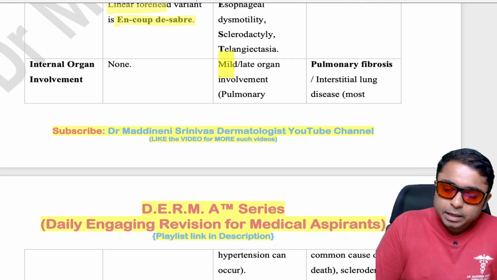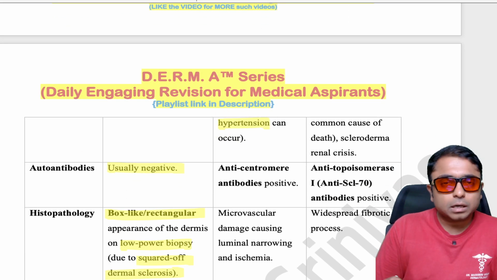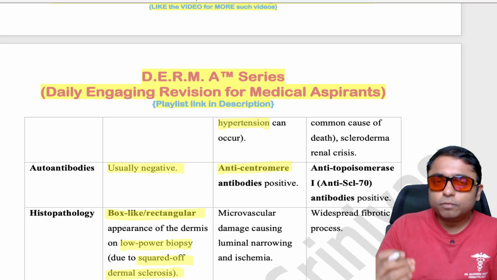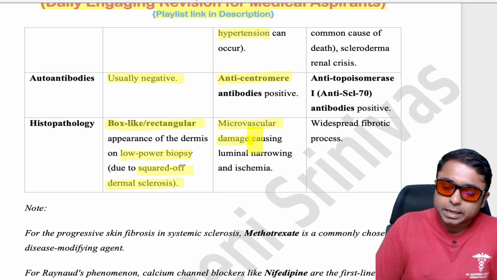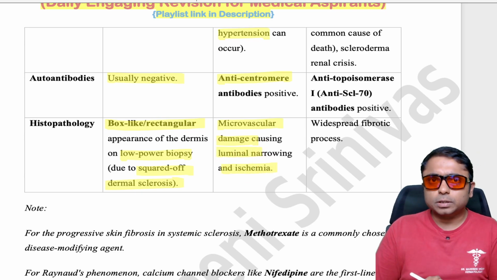Organ involvement could be mild or late. Pulmonary hypertension can occur in these patients. The autoantibodies which you have to look for are anti-centromere antibodies, and the microvascular damage can cause luminal narrowing and ischemia in the histopathology.